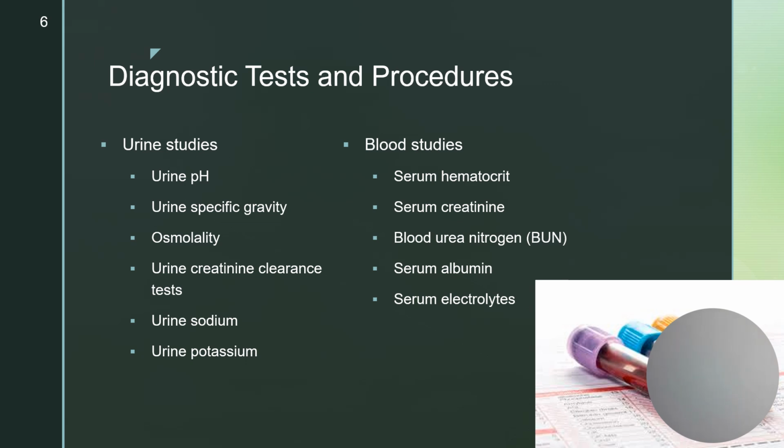Remember, that's the space between the cells. The low serum albumin will allow water to shift into that interstitial compartment, and that will reduce our blood volume and start creating edema. Serum electrolytes are going to be discussed more thoroughly in a different presentation.